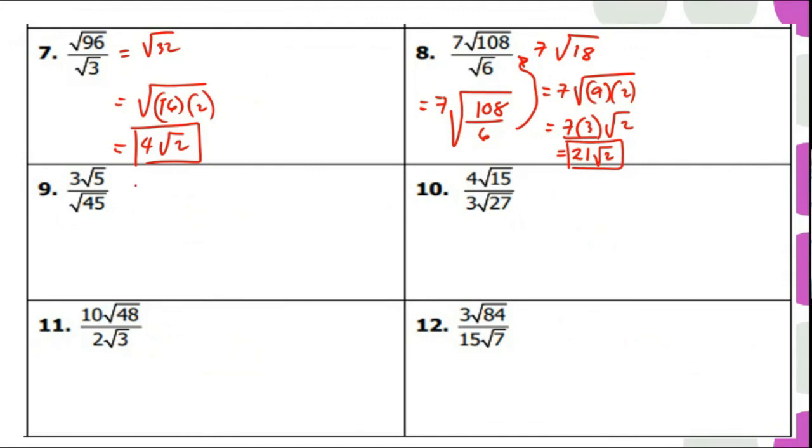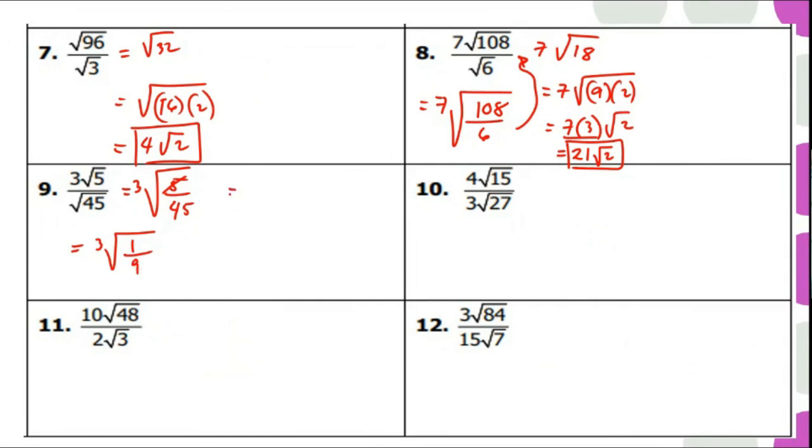With number 9, that is 3 square root of 5 over 9, we can divide 3 square root of 5 over 45. The common factor between 5 over 45 is 5. So this will be dividing by 5. You will have 1 over 45 divided by 5 is 9.